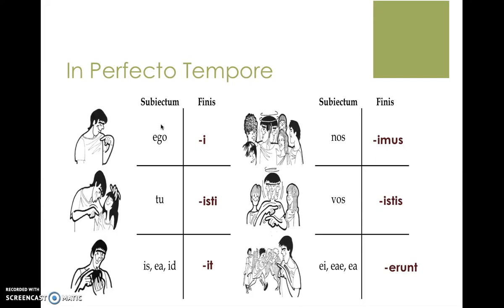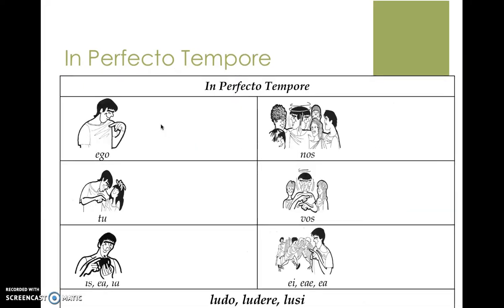So we of course have a couple of sample verbs. Our first sample verb is ludere, which means to play. And typically we would use that ludere, drop the re off, and add our endings, but now since we're dealing with the new tense, we have to use that third principal part of lusi, and we're going to drop the I off and add our endings. So for the ego, it would be lusi, and since this is a past tense, we would translate that as I played. For tu, we'd add that isti form and make it lusisti, that's you played.